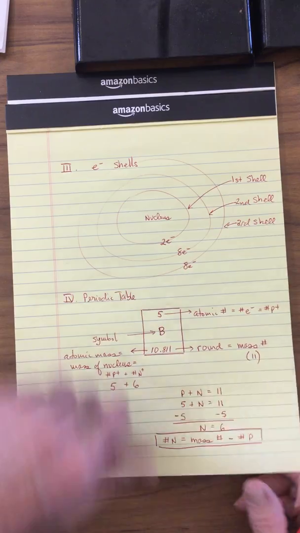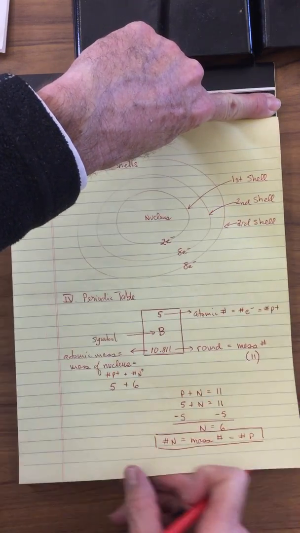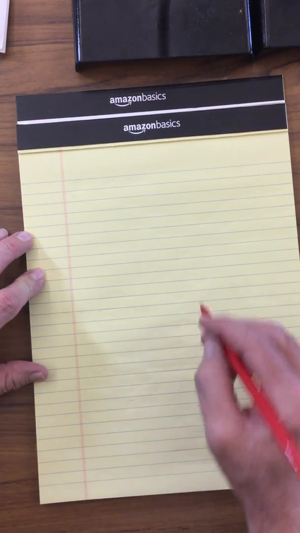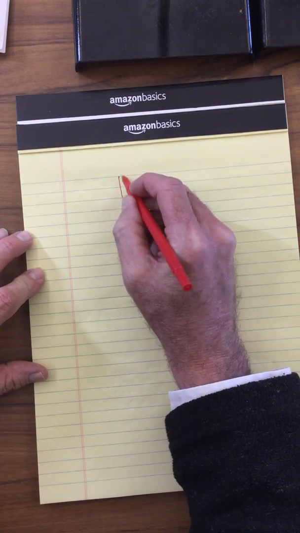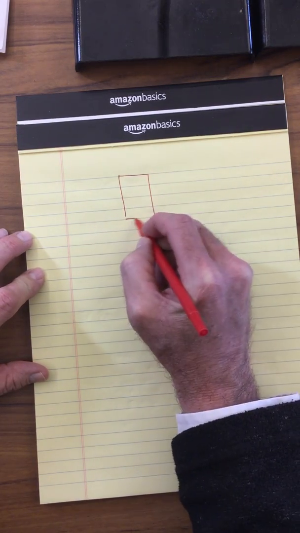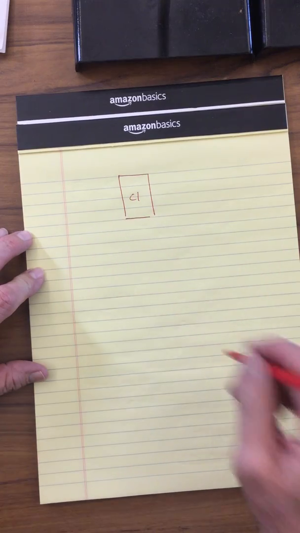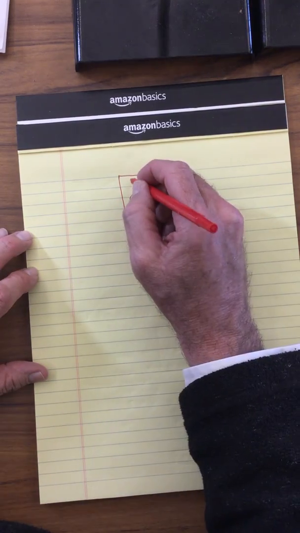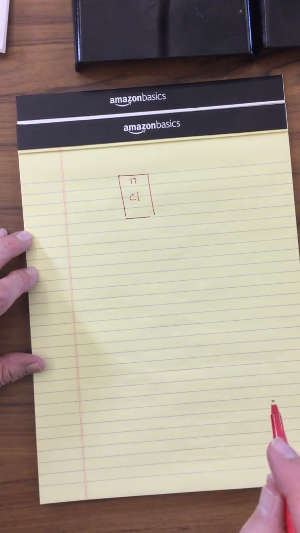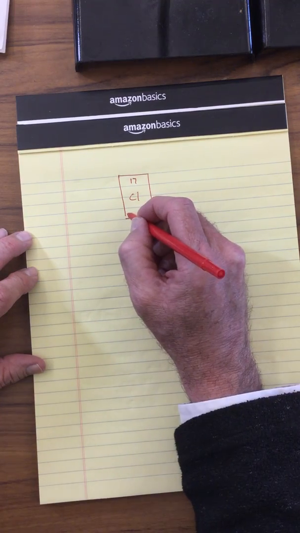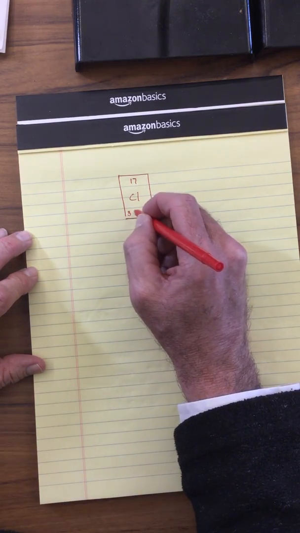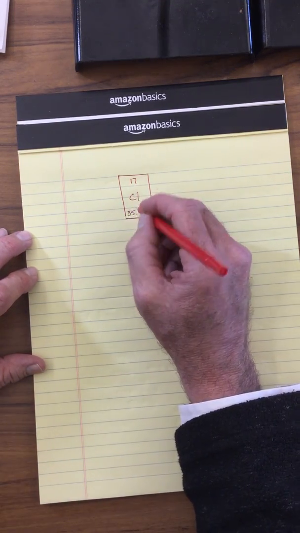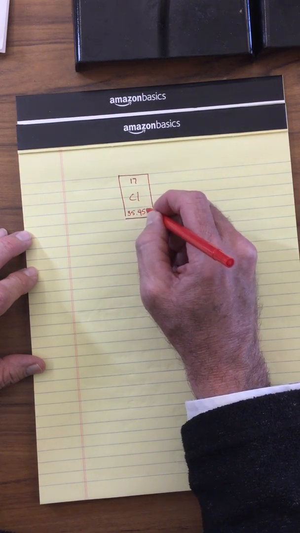Okay, now let's take a look at an example. Let's figure out how many neutrons can be found in the element chlorine. Here's chlorine. Chlorine is element number 17. Its mass is 35.453.